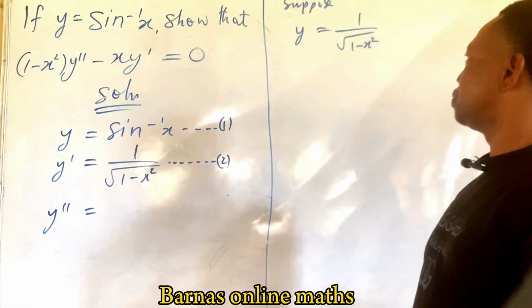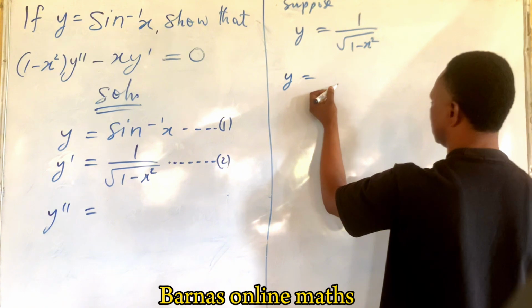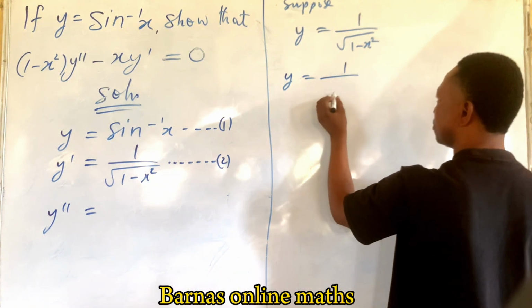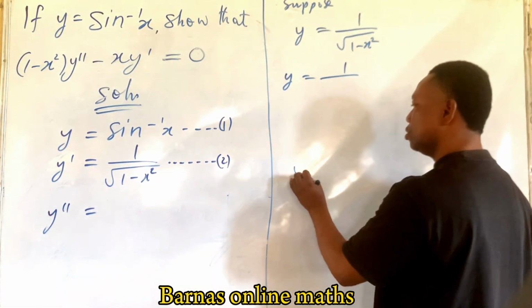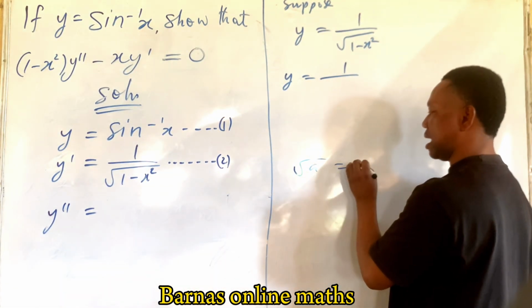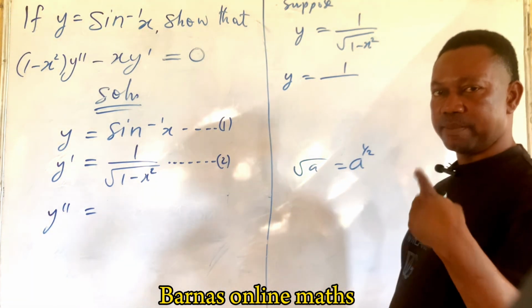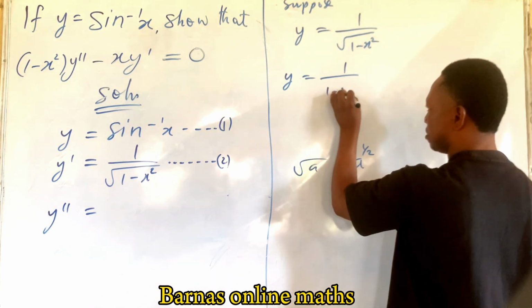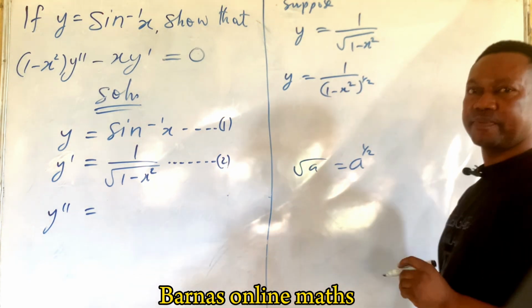And of course, you need to know that this is the same thing as y equals to 1 all upon, from the law of indices, root a is the same thing as a to the power 1 all upon 2. You should know that from the laws of indices. Therefore, this will now be 1 minus x squared all raised to the power 1 over 2.